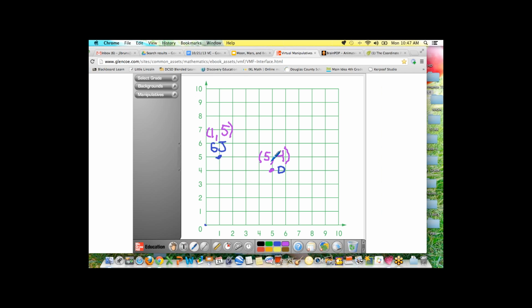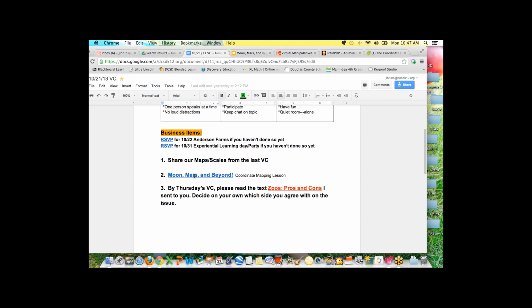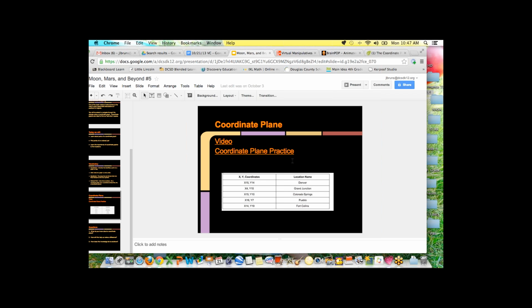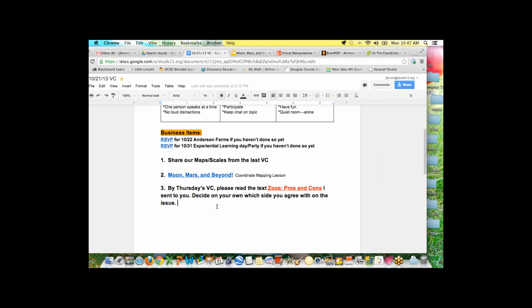Yeah, I was confused because Grand Junction is by the 5, and Denver is by the 4, so I was wondering why they were connected. Well, just always remember you go over first and then up second. I went over 5, up 4, and that's why it's called 5 comma 4. Oh, okay, thanks.